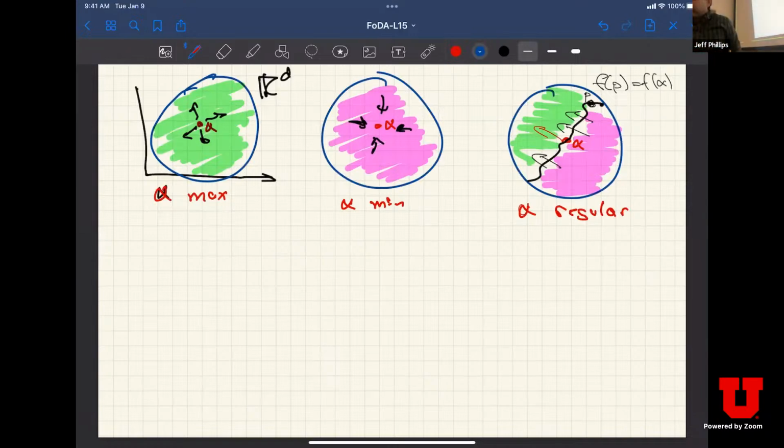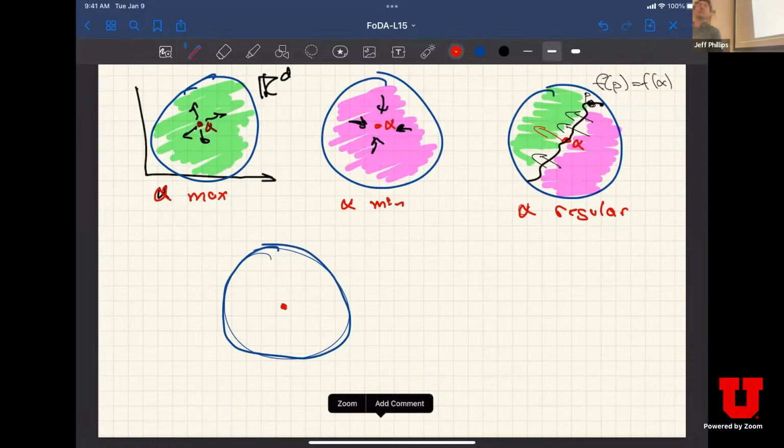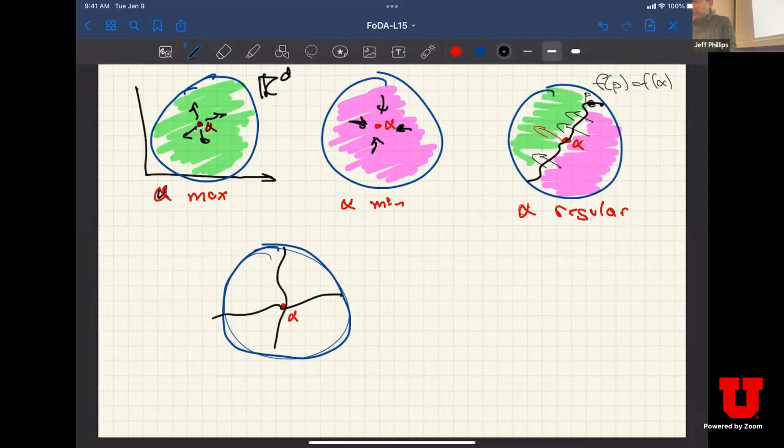The other reason I like to draw pictures like this is because there's another type of point that is harder to understand without a picture like this. And that's where, let's see, I have alpha here, and let's say I've drawn one of these black lines, but maybe there's another line like this.